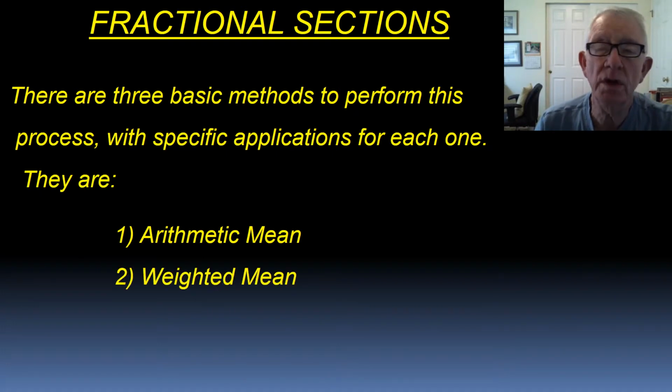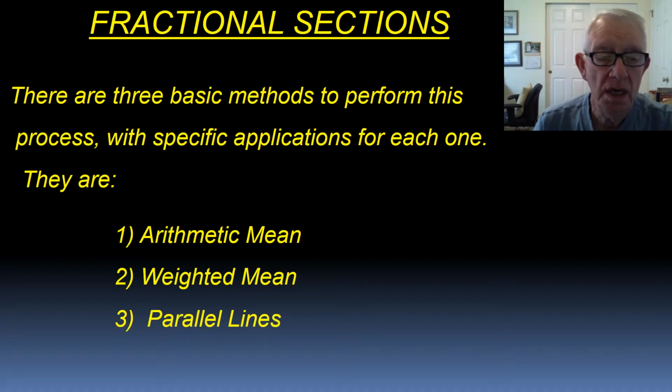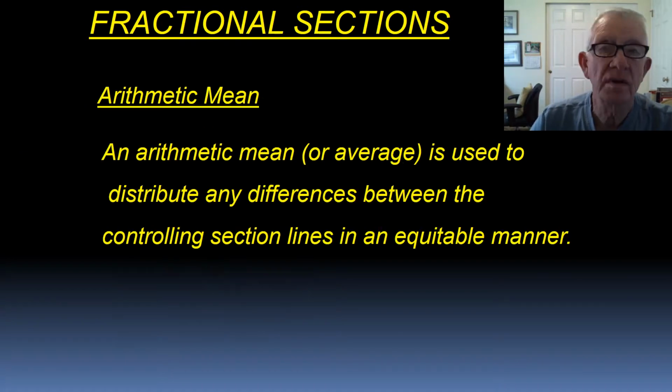The second one is called a weighted mean, and that is a mathematical process to determine where the subdivision of the sections are. And the third one is parallel lines. Now, we're going to talk about all three of these methods so you have an understanding of how a fractional section could be subdivided in this process.